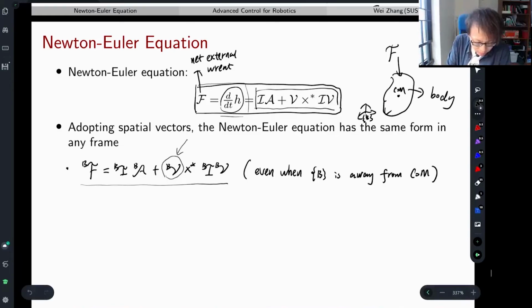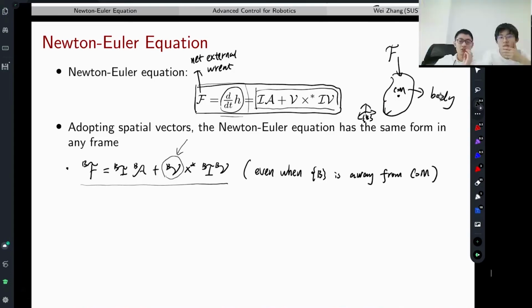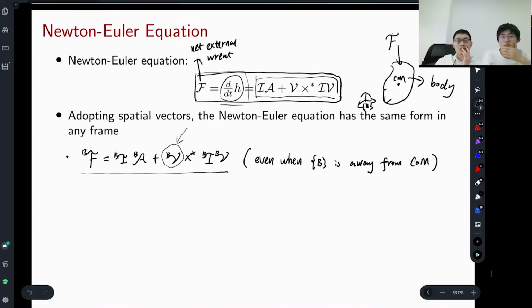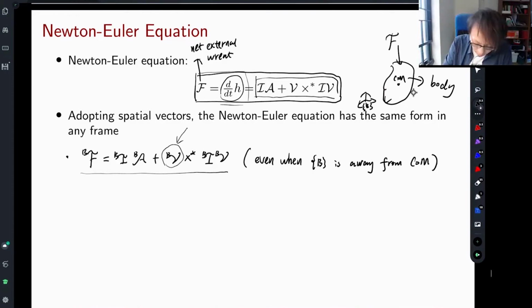So VB, what's the physical meaning of this? It's the velocity of what, expressed in B? Is it the velocity of B or the velocity of the body? Maybe it's hard to know from what I said so far. It's the velocity of the body. This V is the rigid body velocity, and acceleration is rigid body acceleration. It has nothing to do with what frame you consider to express this velocity.